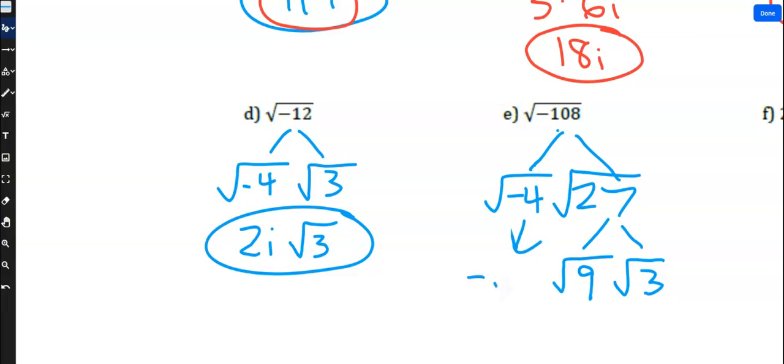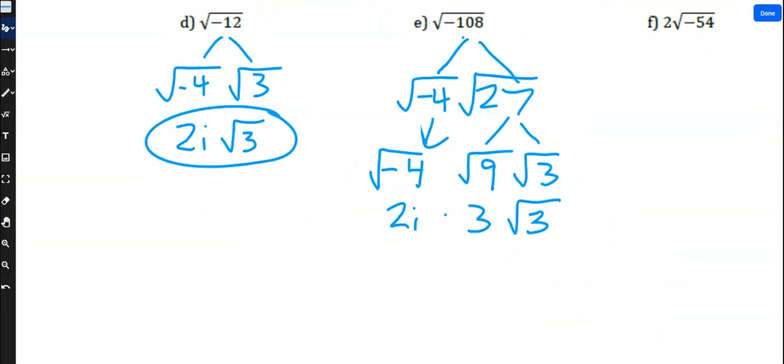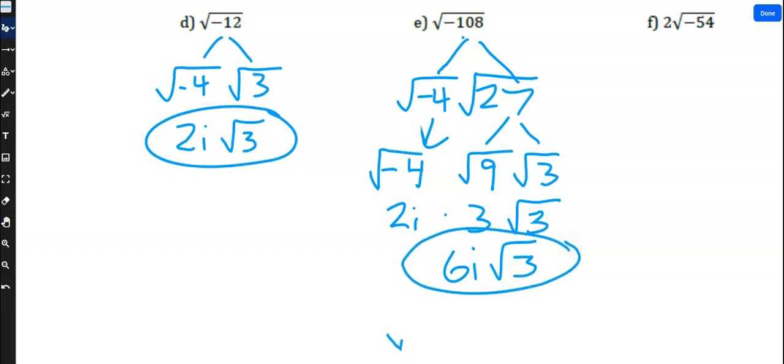And we still got the square root of -4. Oops, not the same thing. Okay, so I got 2i, I've got 3, and then I've got a 3 trapped inside. So 6i square root 3. Now, had I just gone straight to the -36 and the square root of 3, then I would have gone to that right away.